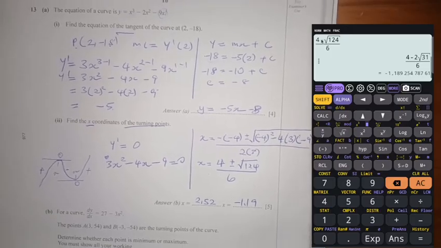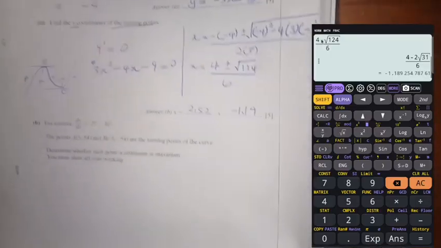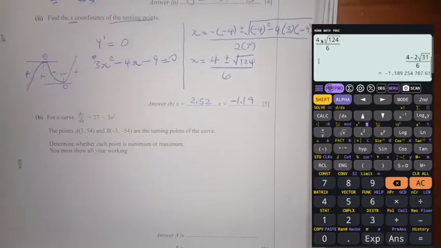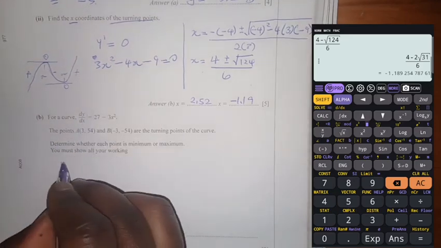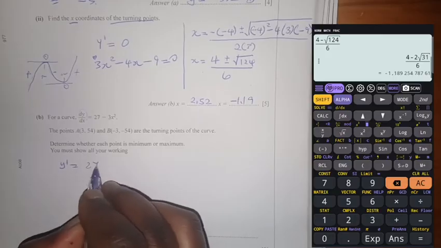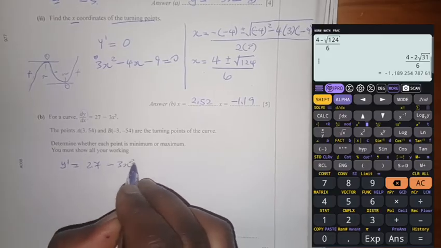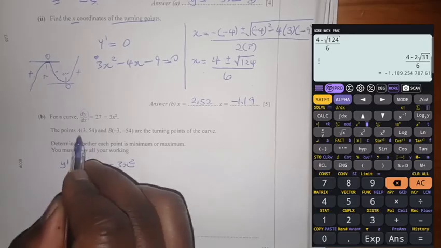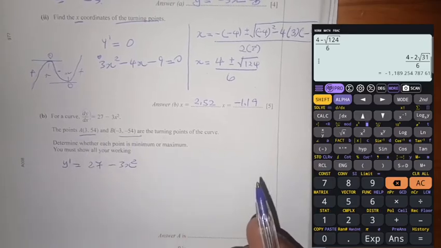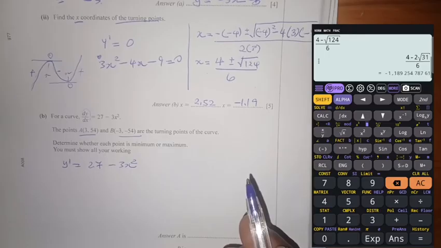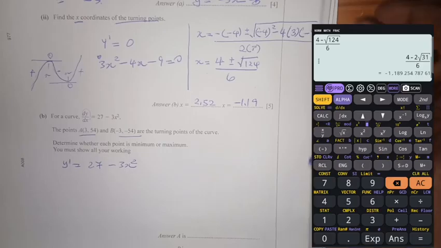Next question, that's question number B. Well, question number B was somehow tricky, but it was not completely tricky, just somehow. Already you are given the first derivative there, 27 minus 3x squared. And then you are told these 2 points are the stationary points or the turning points. You need to determine whether each of them is a minimum or a maximum.